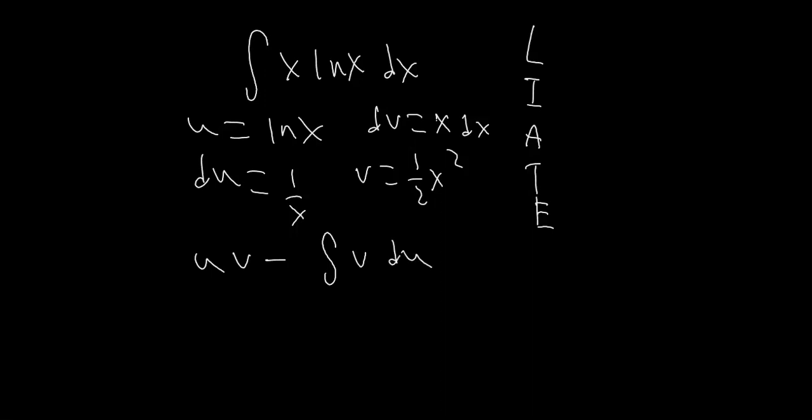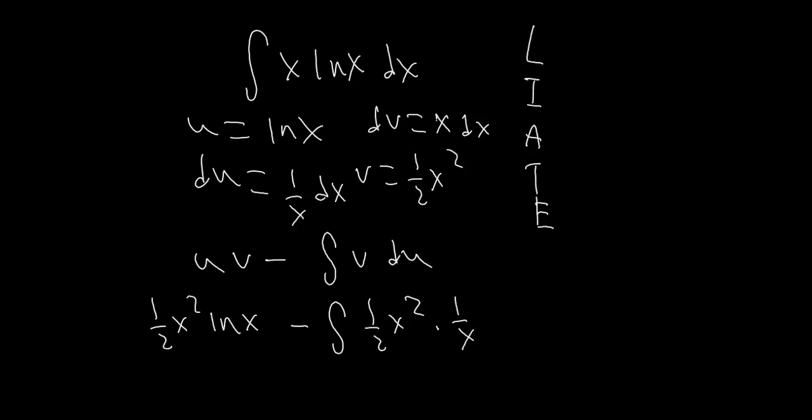That's our formula, so now let's match that. u times v is equal to 1/2 times x squared times ln x, minus the integral of v, which is 1/2 times x squared, times du. Du is just equal to 1 over x times dx. I forgot to put the dx here, my bad.